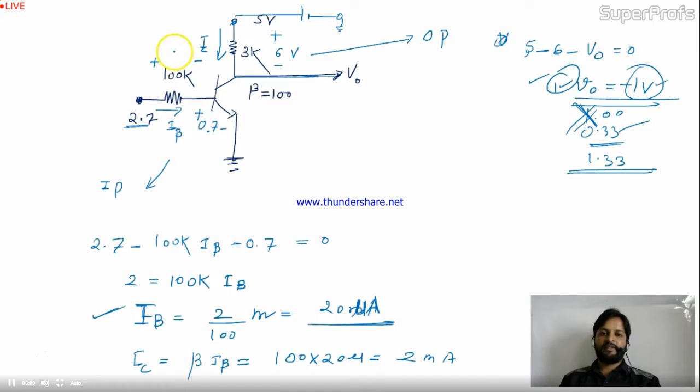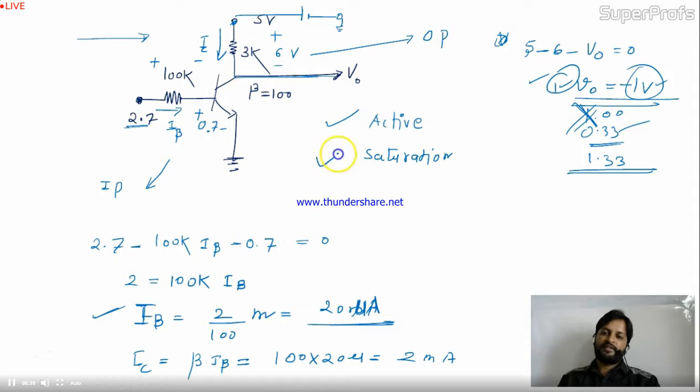Why? Because for any circuit in the examination, please note it down: if any circuit is given in the exam, first check in which region the transistor is working, whether it's active or saturation.